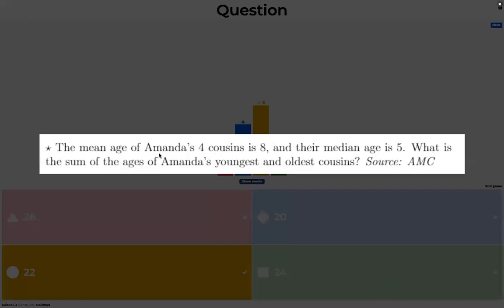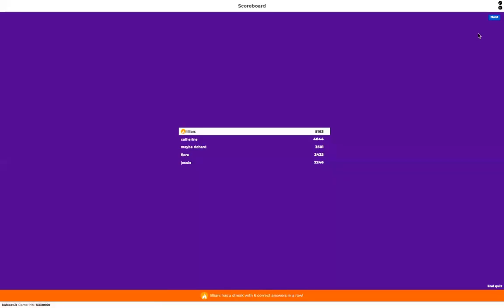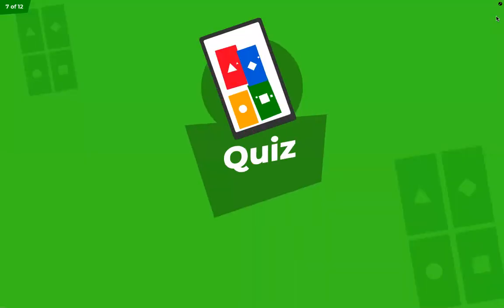And we know that in total, all the ages add up to 32. So the sum of just the youngest and the oldest is 32 minus 10 equals 22. All right, let's move on. Still no change.